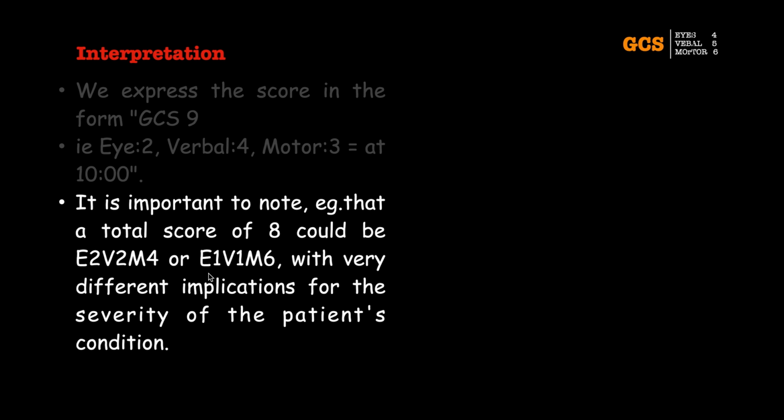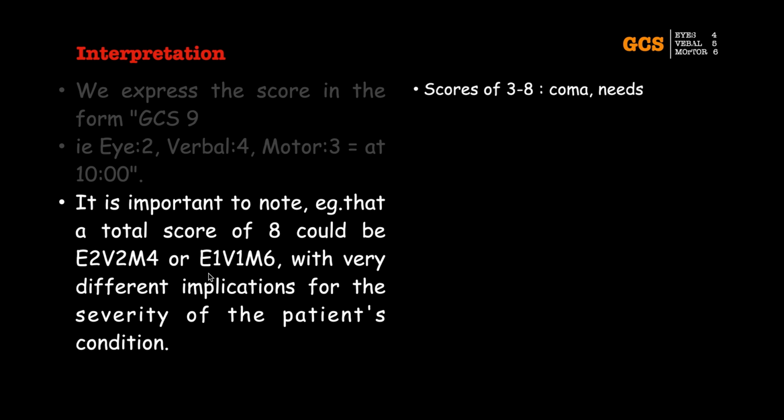And this will give us different implications for the severity of the patient's condition. And so it is important that we know the individual components of the scale so that we tailor our interventions towards the needs of the patient based on the score that we are having.